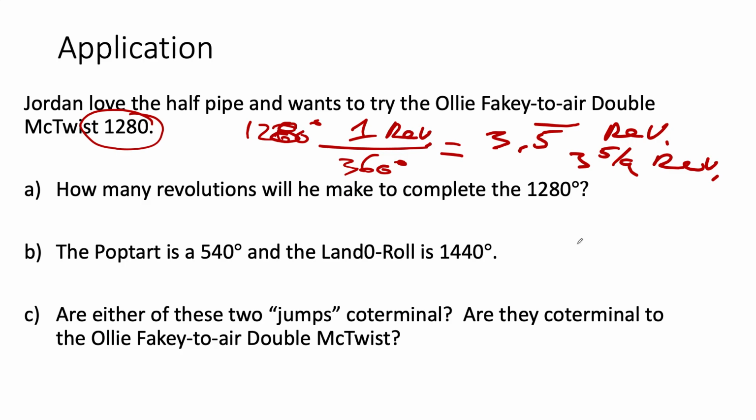The Pop-Tart is 540 and the Lando Roll is 1440. Are either of these coterminal? I'll take your 1440 and start subtracting 360. 1440 minus 360 is going to give you 1080. 1080 minus 360 gives you 720. 720 minus 360 gives you 360.